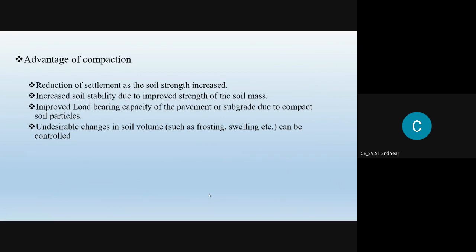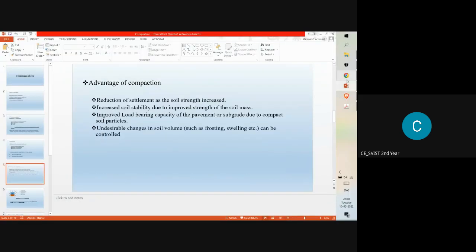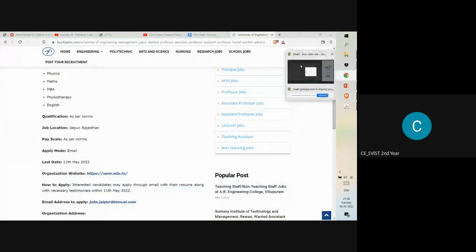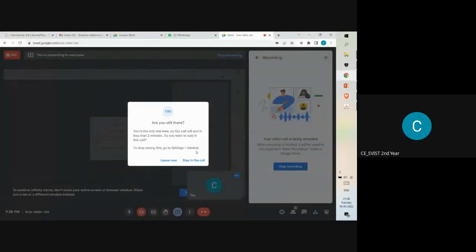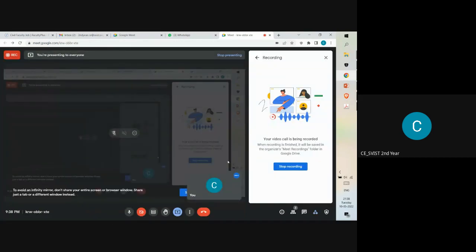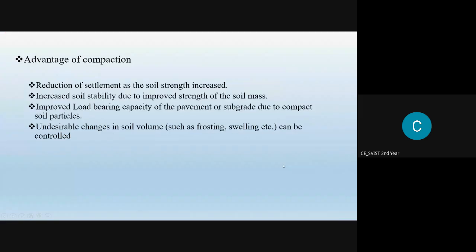Have you heard the term frosting or soiling? Frosting is, suppose in a chilly or cold area, if water is present between the air voids or soil voids, in the soil mass, due to the cold environment the water freezes.